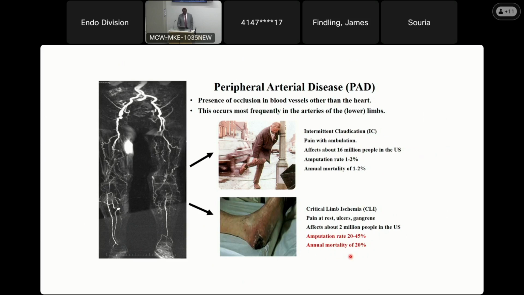Some of you who are endocrinologists may have already seen this in your practice. I was in service just last week, and one of the patients that I was consulted to see for glycemic control came in with critical limb ischemia. And of course, they did the angiogram and tried to intervene on the occluded vessel, but nothing changed.